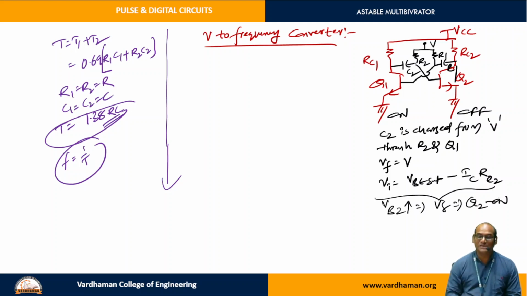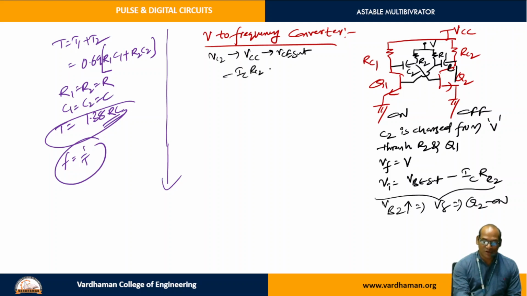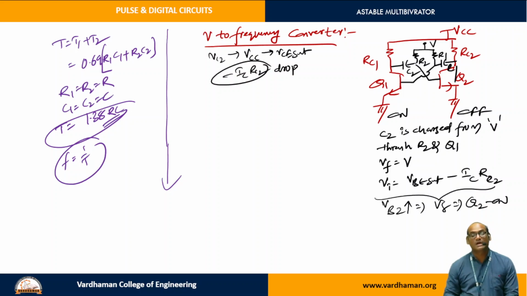When Q2 becomes on, its voltage will change from VCC to VCE sat. That means how much fall is there in the voltage? Minus IC into RC2 drop. This much drop is there from VCC to VCE sat.